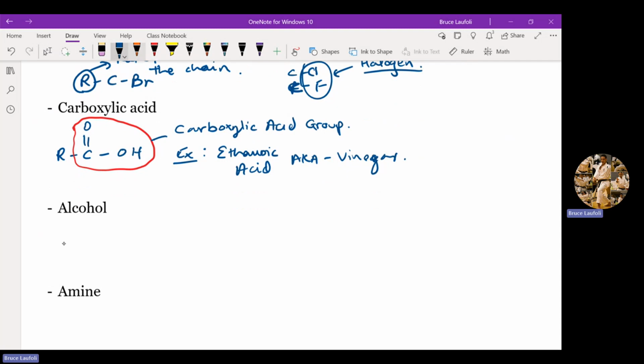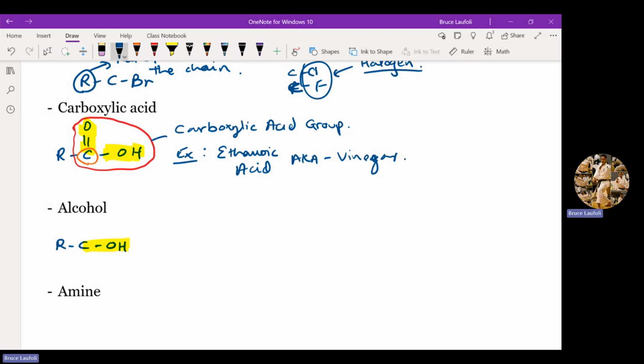Now, alcohols. Alcohols are denoted as something that is attached to an OH group, not to be confused with a carboxylic acid. Recognize that a carboxylic acid has both the double bond O and the OH connected to the carbon over here, whereas an alcohol only has the OH attached to it.